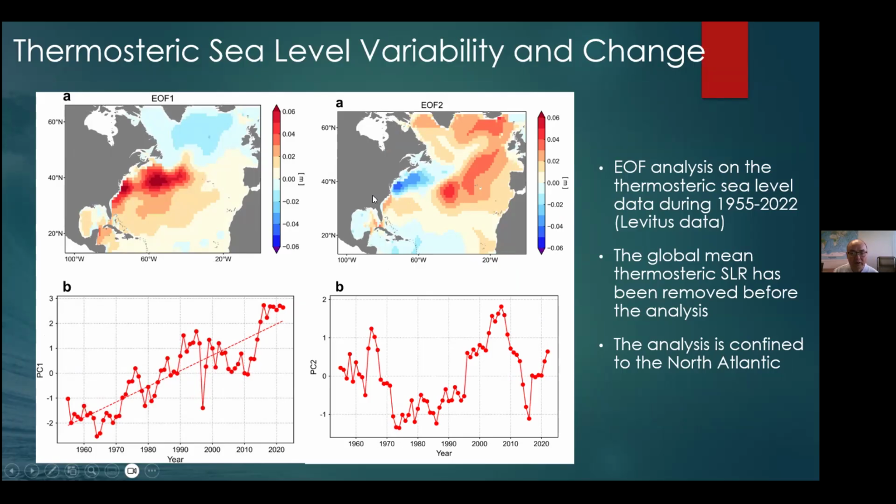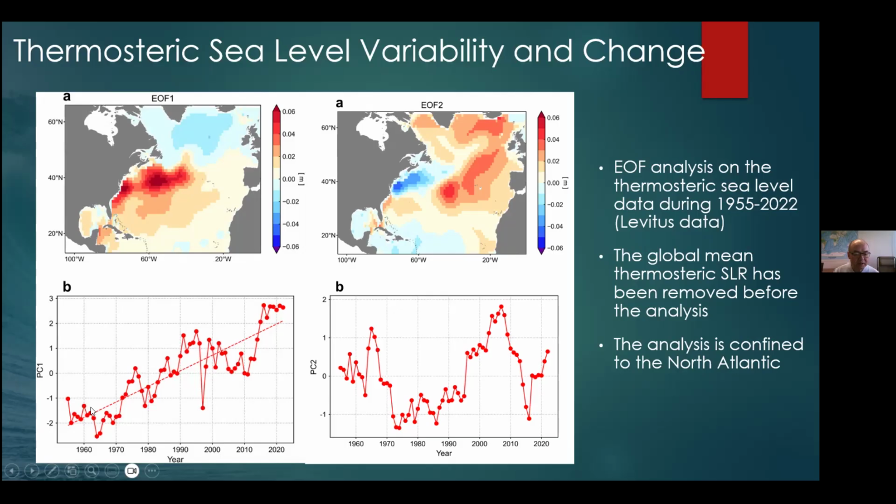We removed the global mean thermosteric sea level rise from the data set, and then we performed an EOF analysis for the North Atlantic region, for the period from 1955 to 2022. The first EOF shows a contrasting pattern between the subpolar gyre region and the subtropical gyre region.